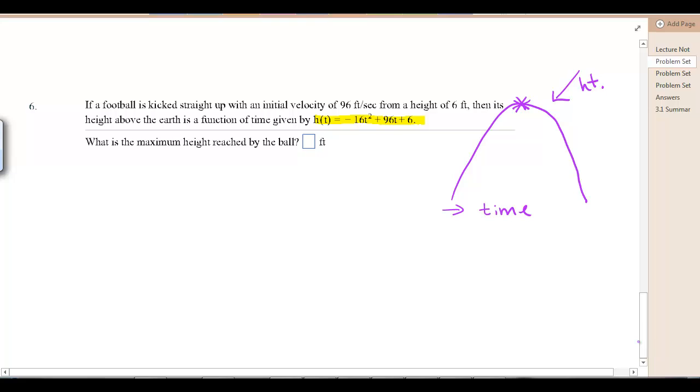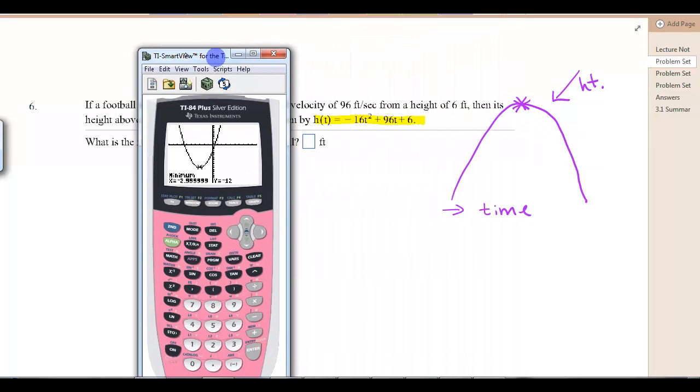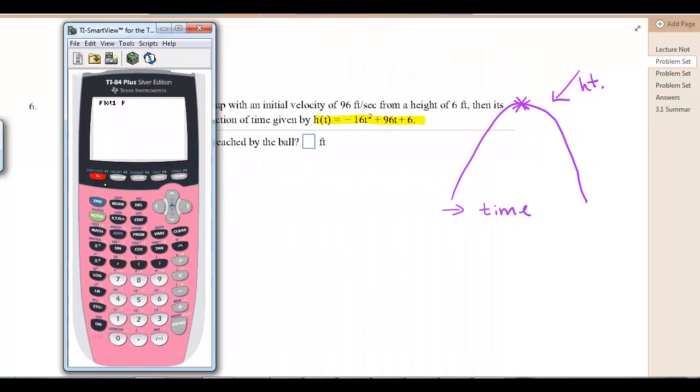So this is asking for the maximum height reached by the ball. We could put this in our calculator and find it that way, and I'll do that here, but you could also do the vertex formula. It is totally up to you. If you have the tool, you should use it if you want to. Negative 16x squared plus 96x plus 6. All right, I'm going to hit graph.